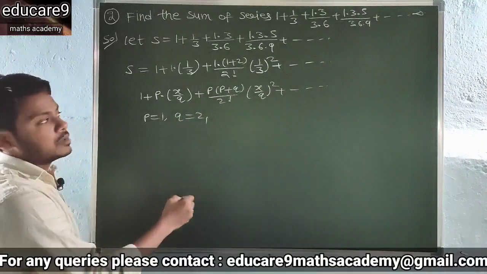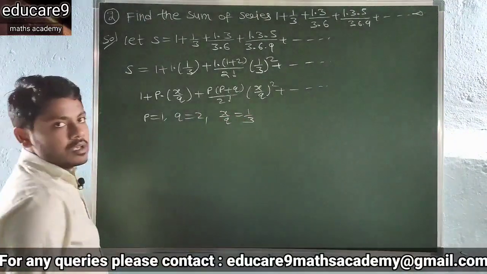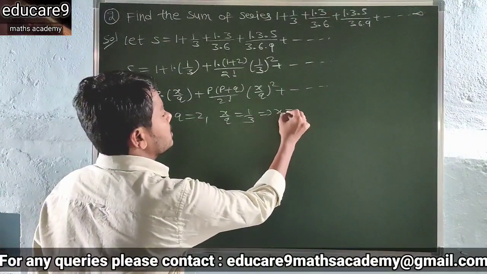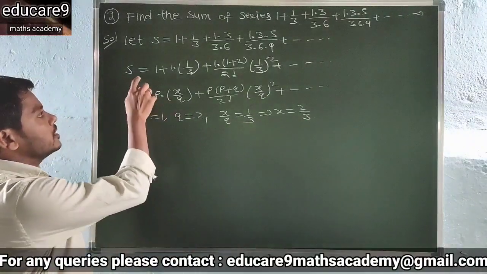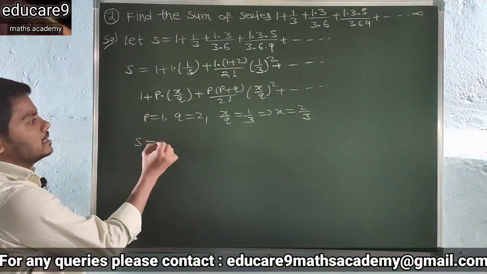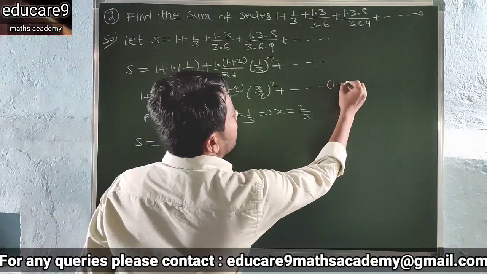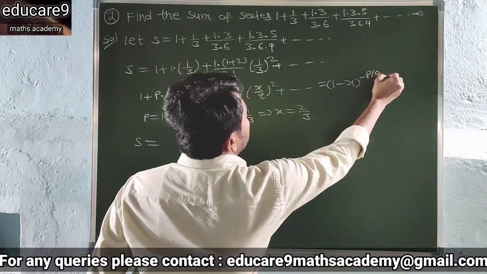Q is equal to 2, and what is the x by q value? 1 by 3. So substitute the q value here, what do you get? X is equal to 2 by 3. Okay, so therefore S is equal to, how to write this one? This expansion is 1 minus x whole to the power of minus p by q.